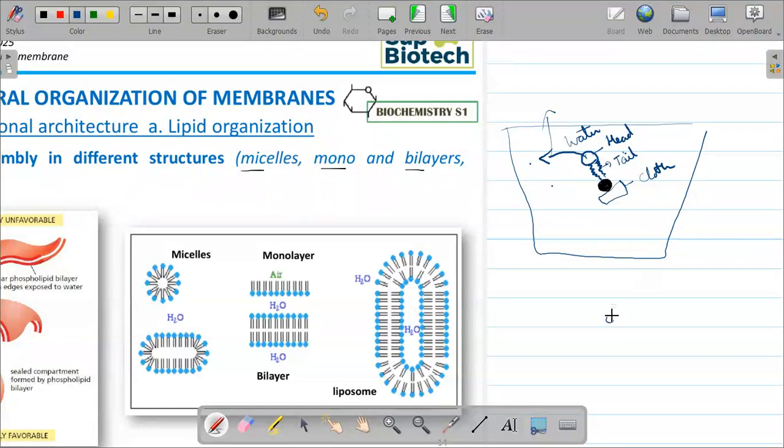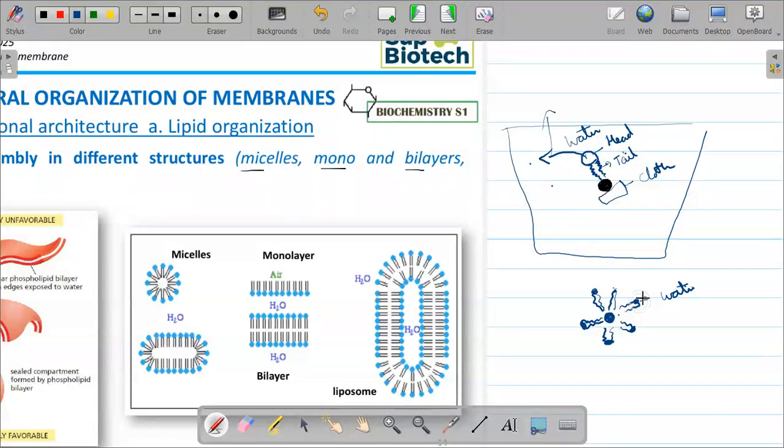So when you put some oil, if I add a detergent solution, the lipids will be arranged in the following format. So this is the water loving end, this is the water hating end.